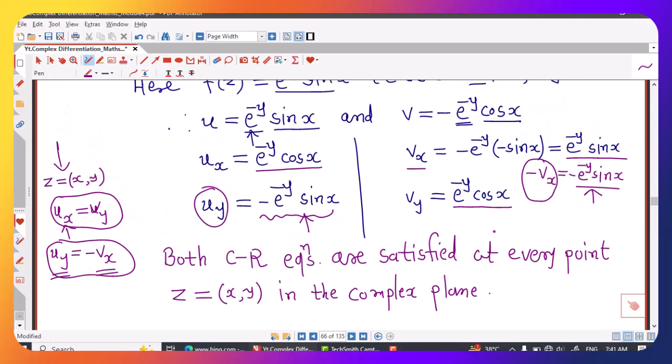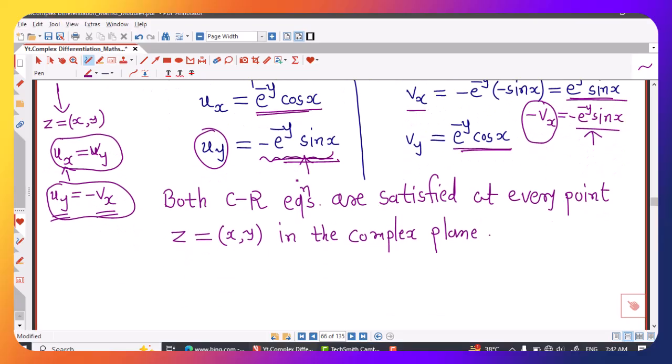and if we observe, these first order partial derivatives contain the trigonometric functions sin x, cos x and exponential functions, and we know that sin x, cos x, exponential are always continuous at every point, therefore they are obviously continuous at every point z equal to xy.